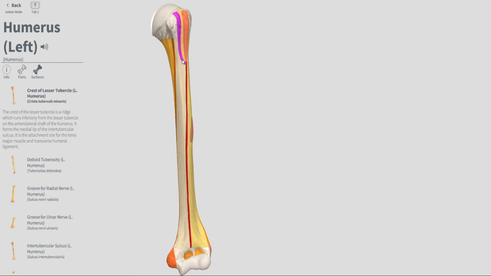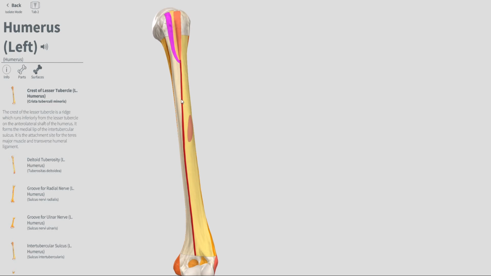For you, it's important to memorize that the crest of the greater tubercle is pretty important because it provides attachment, insertion for the pectoralis major muscle, and the crest of the lesser tubercle provides attachment for the teres major muscle, and also the one point of insertion for the latissimus dorsi.